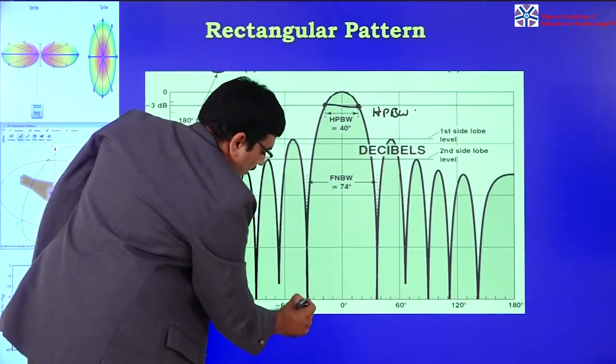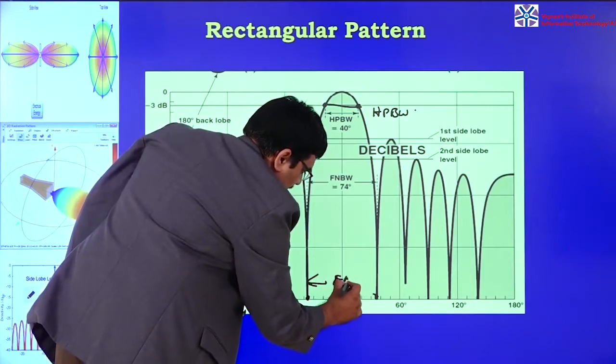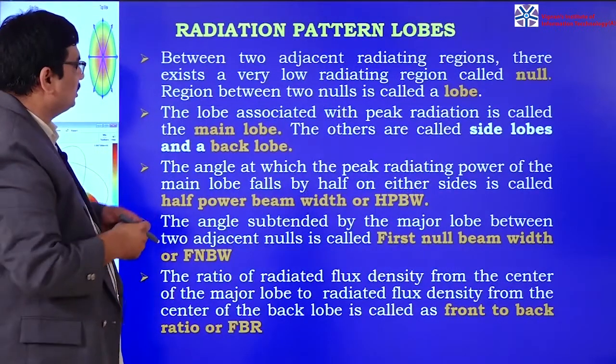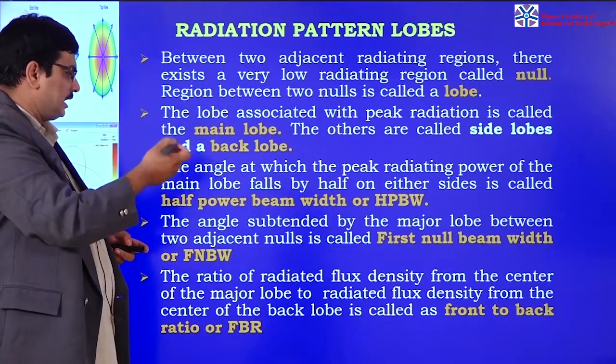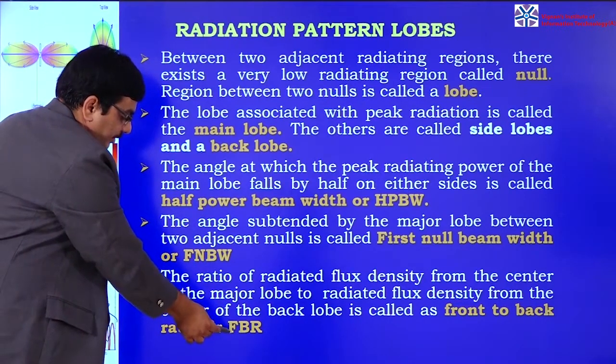If you draw a line between these 2 first nulls, this is called your first null beam width. So these are the different beams: main lobe, side lobes, half power beam width, first null beam width, and front to back ratio.